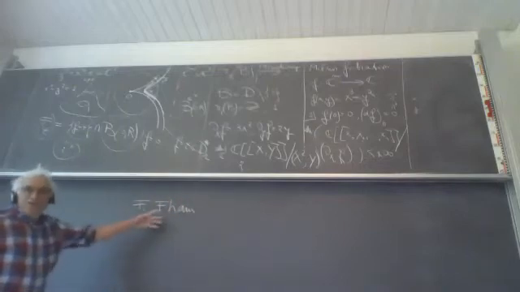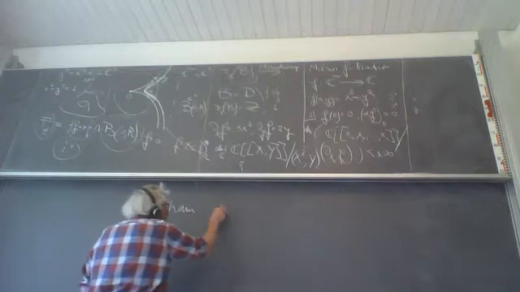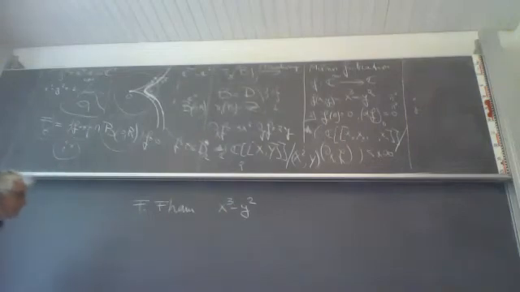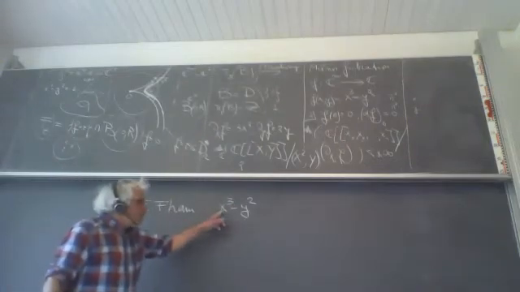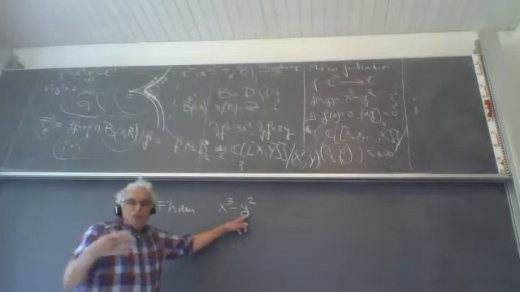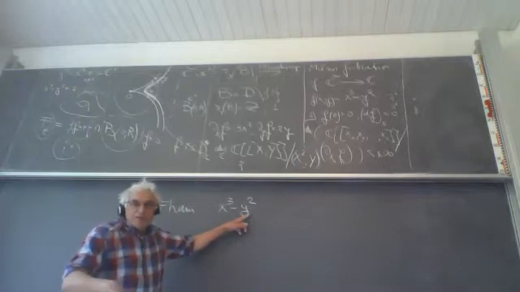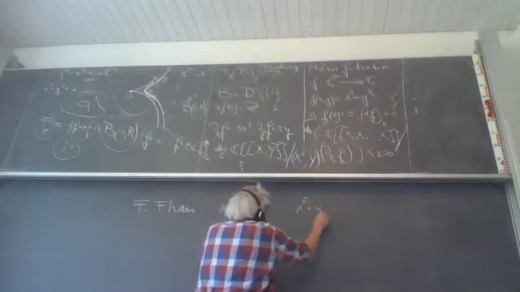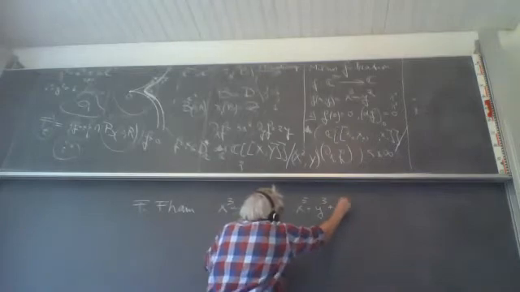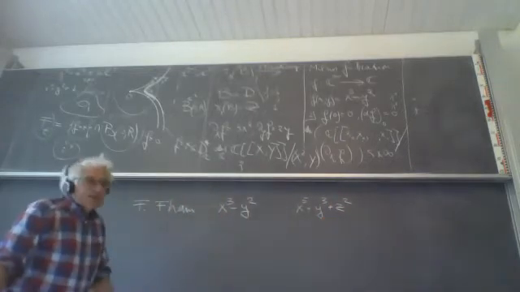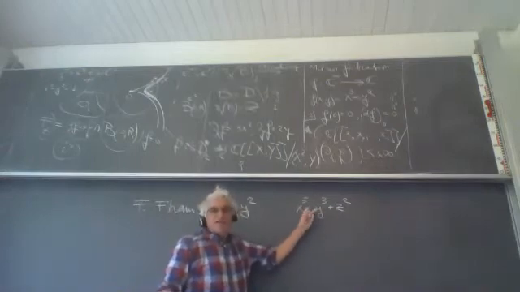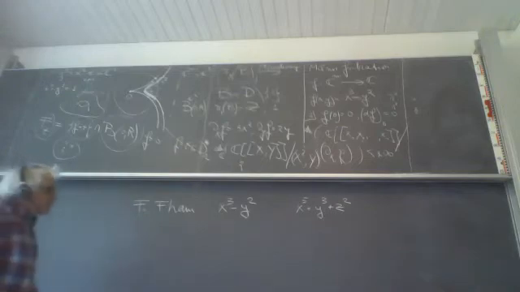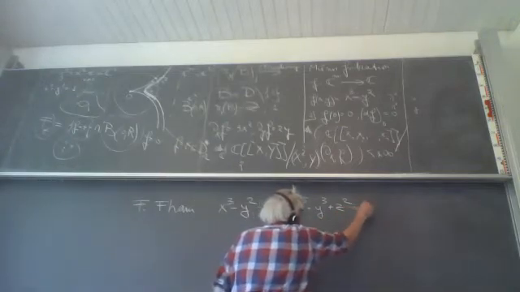So we do a Frederick Pham computation, and the example is x to the power 3 minus y squared. Pham did this computation for polynomials which are powers of the variables. So typically a Pham polynomial would be this. This would be a Pham polynomial in 3 variables. And here we have a Pham polynomial in 2 variables.